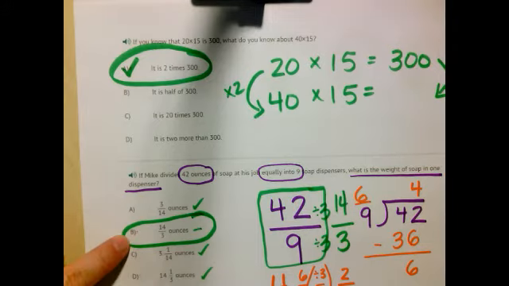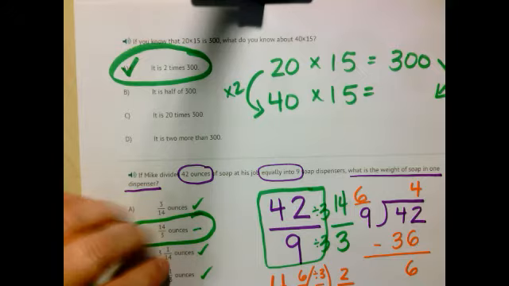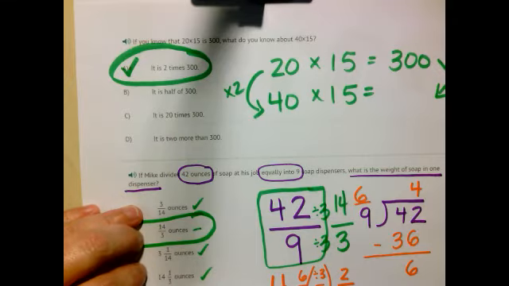In this case, they did not want me to simplify it. So please be super careful. If you work it all the way through and you are sure that you have the correct answer, and you don't see that answer choice, go back and double check and see if possibly they didn't want you to reduce it or they wanted you to leave it as an improper fraction.